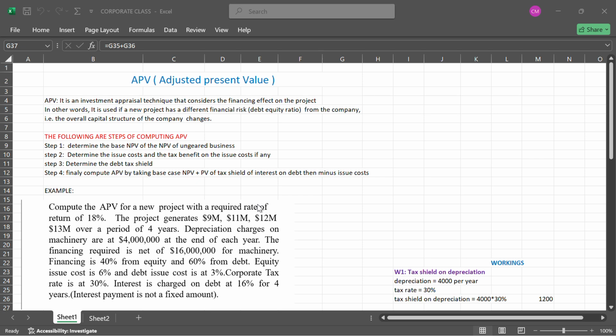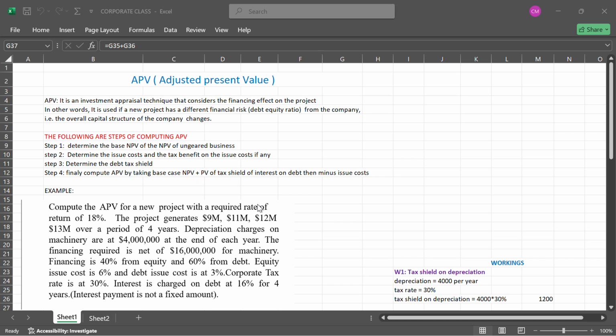In other words, it is used if a new project has a different financial risk. That is to say, they have a combination of debt and equity in their capital structure, so that they use them to finance their project on hand.